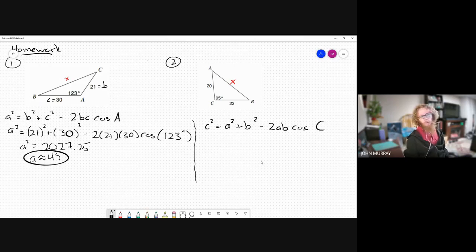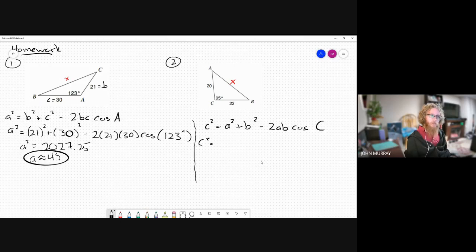And here with this multiplication, it could also be in any order. So the order doesn't matter. Or even if you wrote the equation differently, if you have c squared equals b squared plus a squared minus 2ba, that's all right. So there is a little room for error here. Just not something crazy.